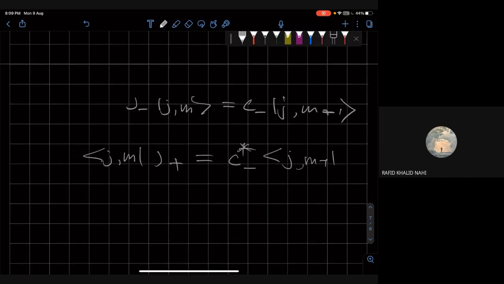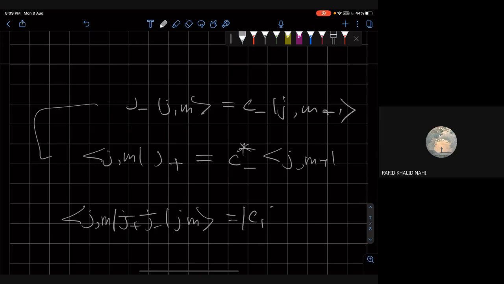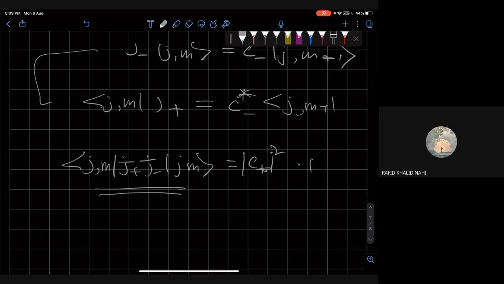If I take the inner product of these two, the left-hand side is Jm J plus J minus Jm, and the right-hand side is C minus squared times 1. This we can simplify using the other formula, and then you have the value of C minus. That's an easy way of doing it. Problem 6 is very easy, you just have to use your brain a little bit.